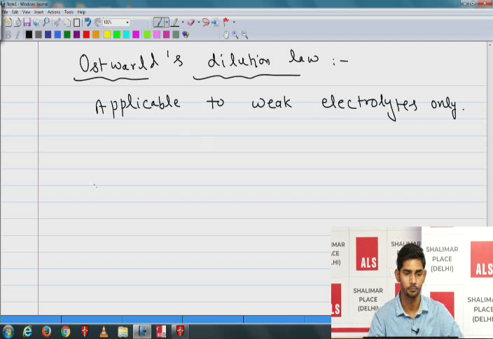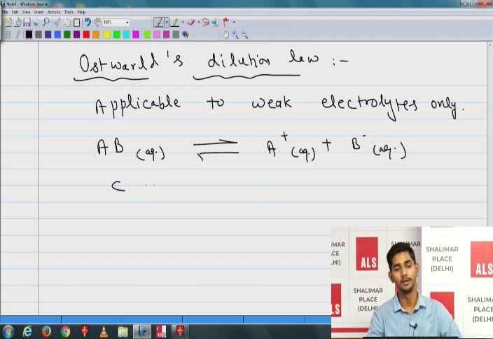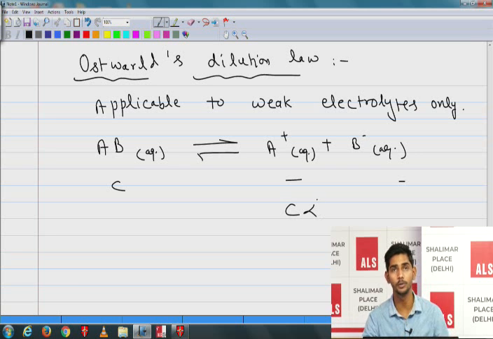Let's say suppose we have got AB. It is giving you A plus aqueous and B minus aqueous. Initially concentration was C, and after some time when equilibrium has been established, let's say C alpha part has been converted into the product.